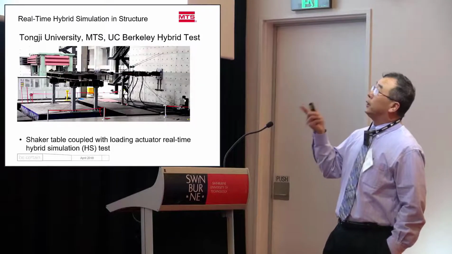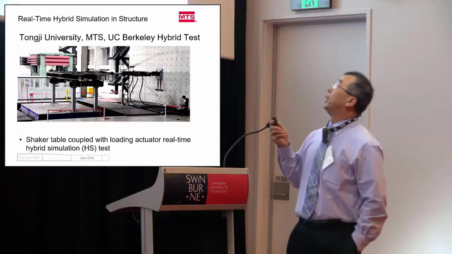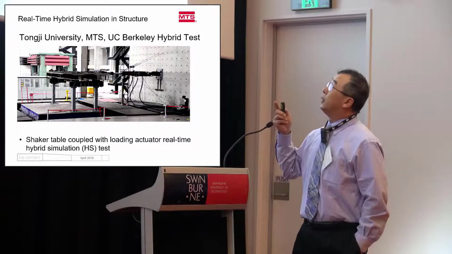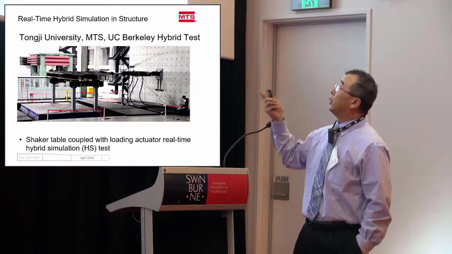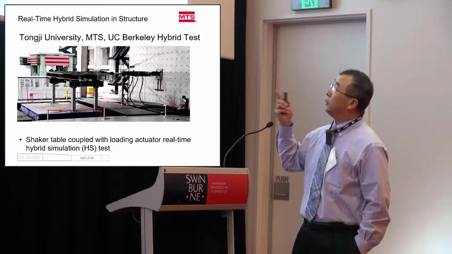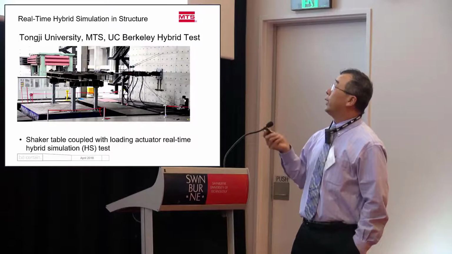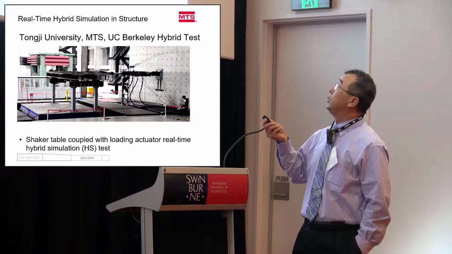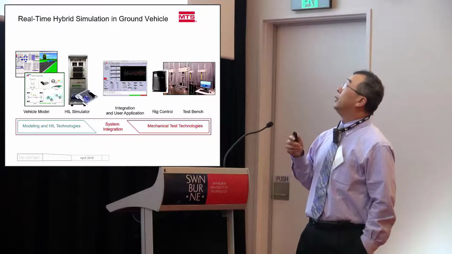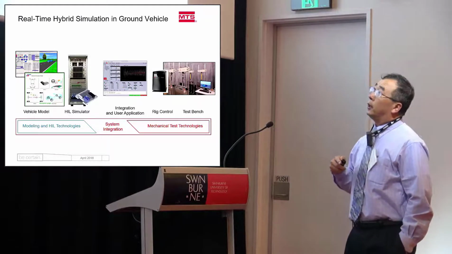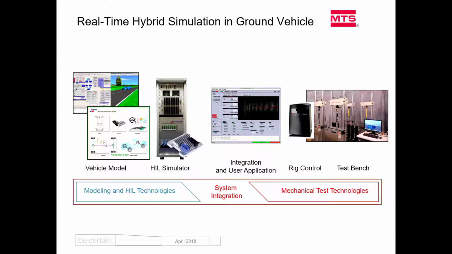We have seen this a few times, and it starts with earthquake simulation, structure, and a lot of applications in civil structure. Then around the year 2000, this method starts to migrate to other industry. For example, this one, ground vehicle.